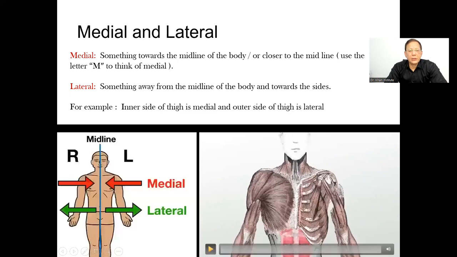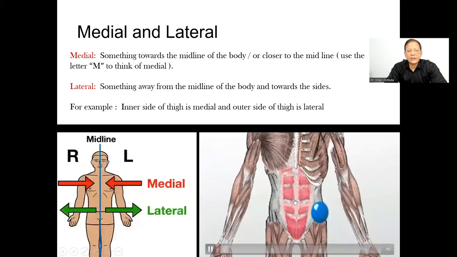For example, if you see in this image, you can see two blue balls. The one is very close to the midline, so this will be considered as medial as compared to this blue ball, which is away from the midline.